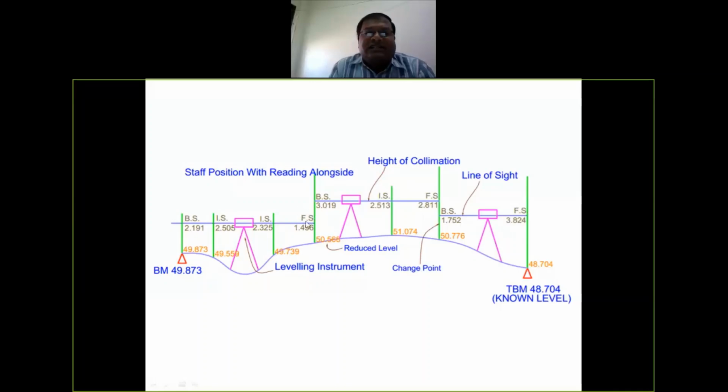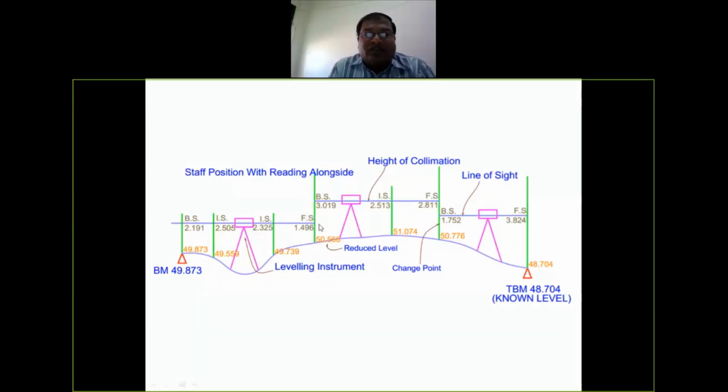So there are two chances when we take a reading as a foresight reading. One, when you end your survey, means when you end your leveling operation, whatever last reading is there, that is called foresight. Actually, we have to prepare a tabular form, in which we enter all the readings: backside reading, intermediate sight reading, foresight reading.